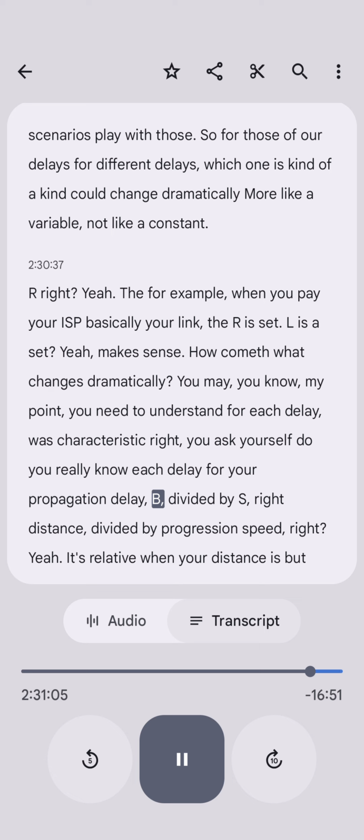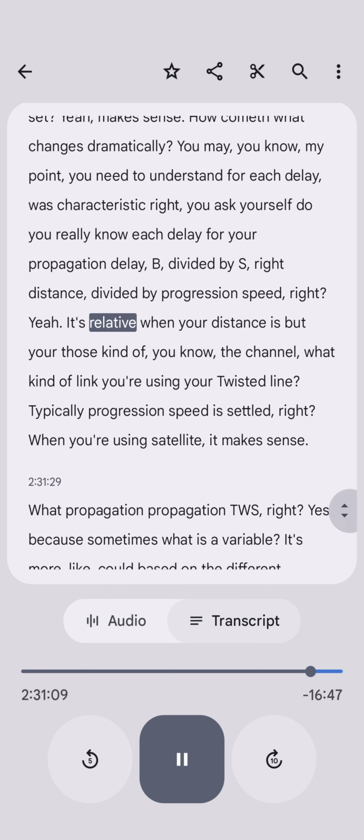For your propagation delay, D divided by S, right? Distance divided by propagation speed. It's relative to the distance and what kind of link you're using. If you're using twisted line, typically the propagation speed is settled. When you're using satellite, it makes sense? So which one is relatively variable?